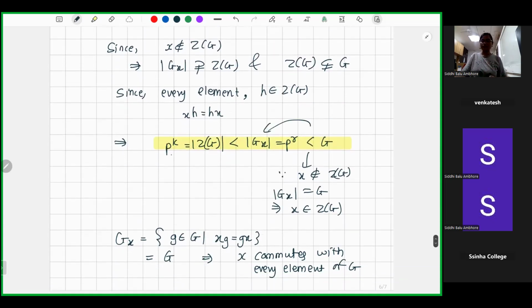That's how it is giving me that jump of p power n minus 1, and I mean n minus 2, in fact.